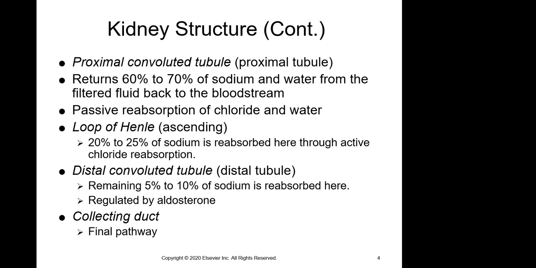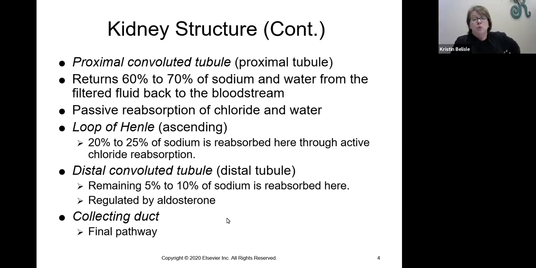And so that's why when we give a loop diuretic, we're going to have a potent diuresis here because of that 20 to 25%, compared to your distal convoluted tubule.